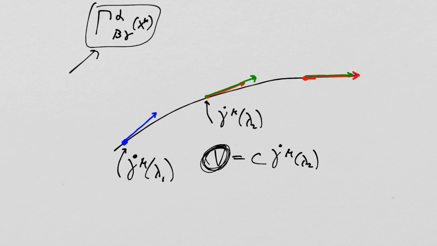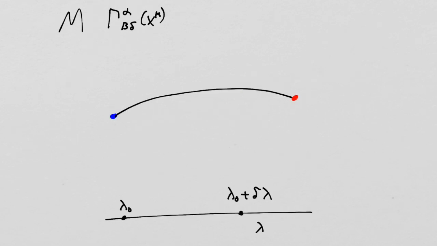And even better, we can fine-tune the parameterization, which is sort of an arbitrary thing, so that the green vector is always exactly as long as the red vector. We can not only make them point in the same direction, but also make them the same length. And it's almost easy to do now that we understand what we're looking for. So let's do it. This will be our construction.